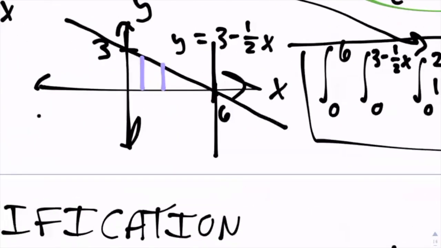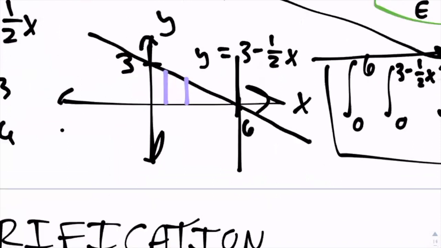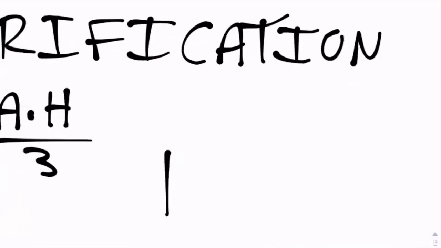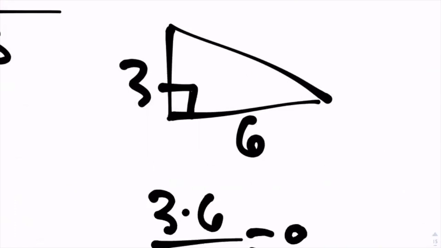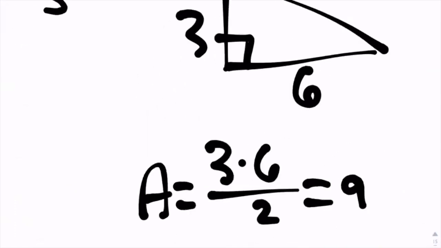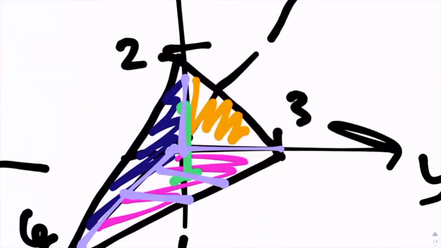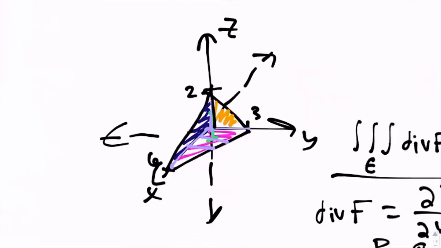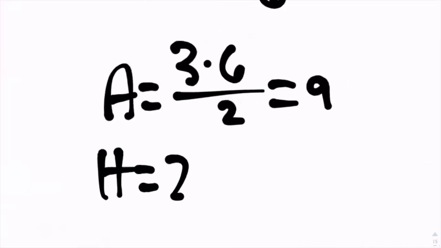Now, when looking at the area of our base, we see that on the xy plane, it's simply a right triangle with base 6, height 3. So we know our area would just be 3 times 6 divided by 2, which is 9. So that's equal to area of the base. And looking at our height, we see that that is simply the height of the z-axis, which gives us 2.